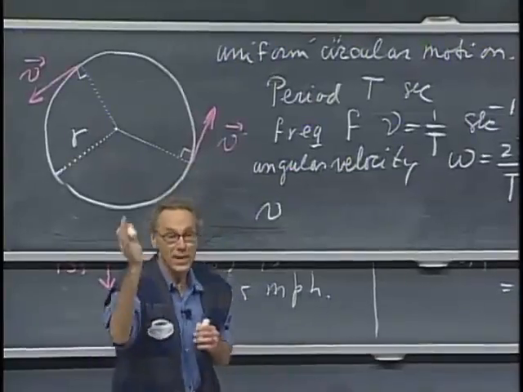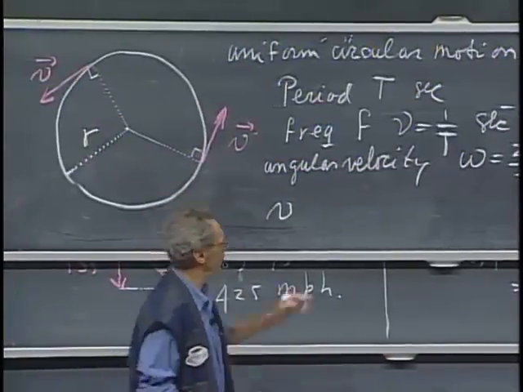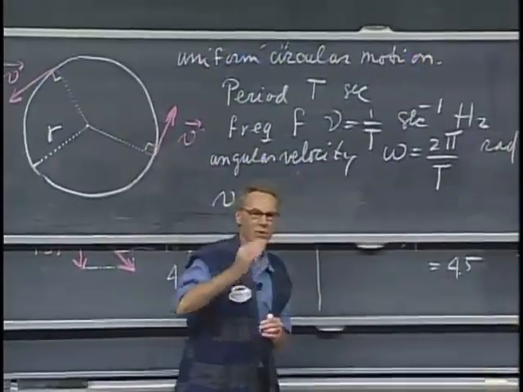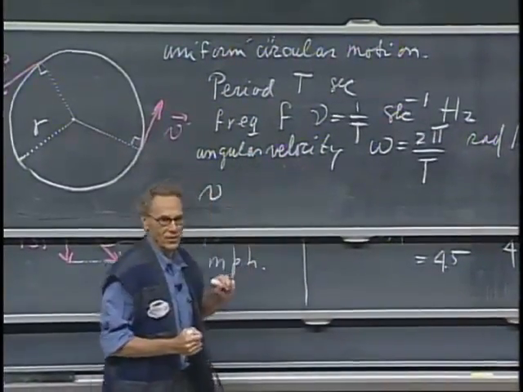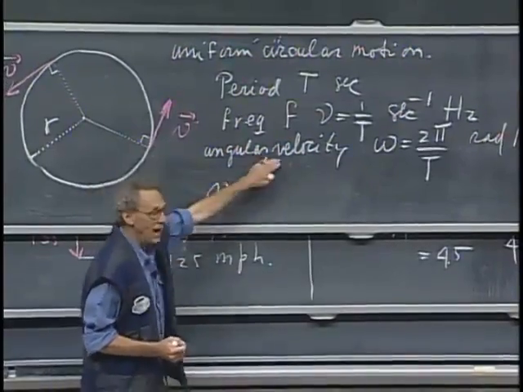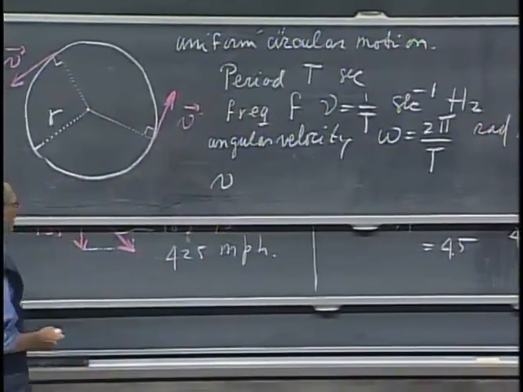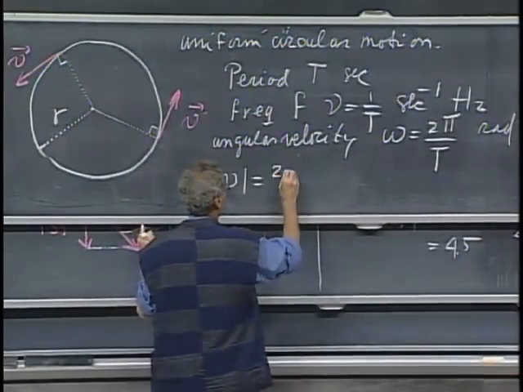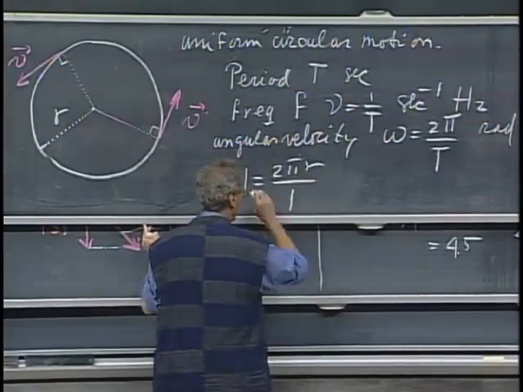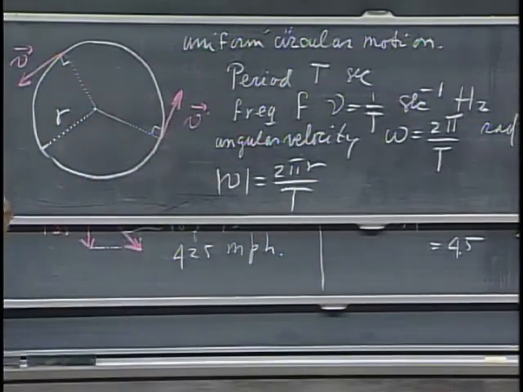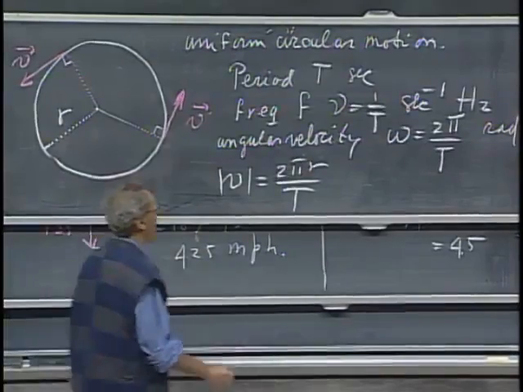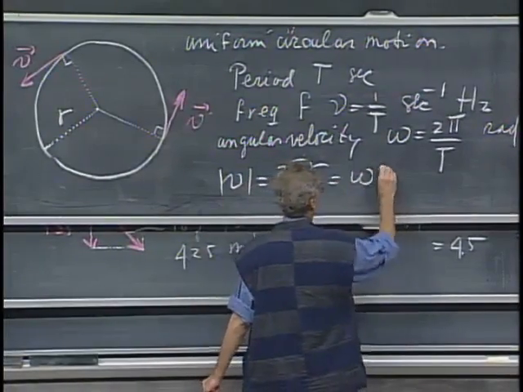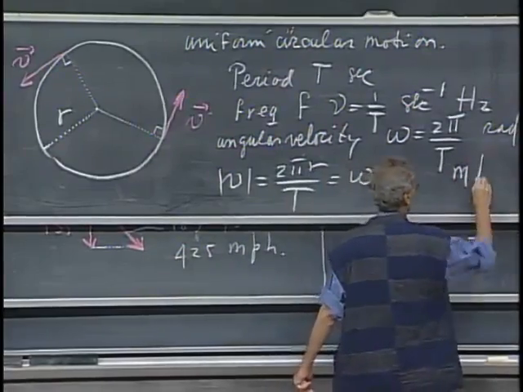How many meters per second is linear as opposed to how many radians per second, which is angular velocity. So this is a linear velocity, this is an angular velocity. And that linear velocity, which in this case is really a speed, is of course the circumference of the circle divided by how many seconds it takes to go around. And that is also omega r, and that is now in meters per second.